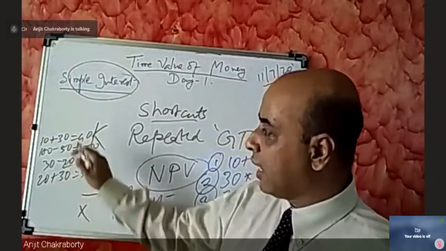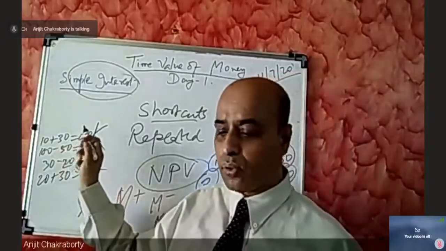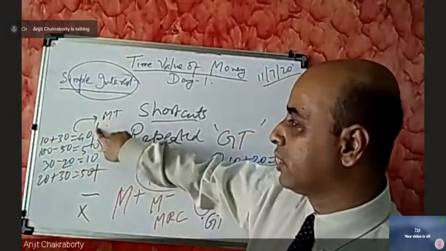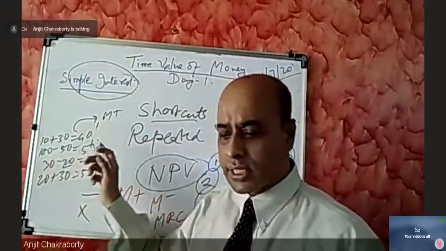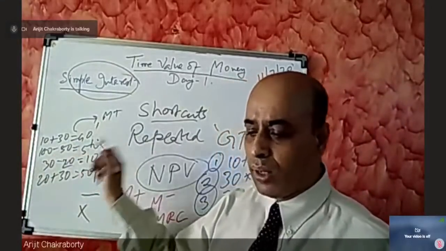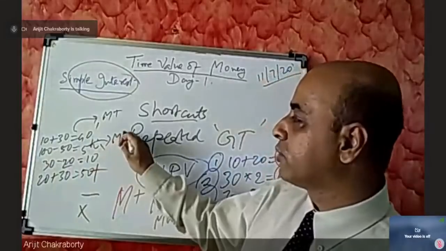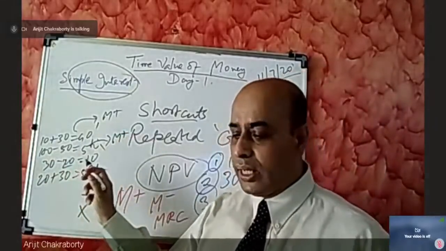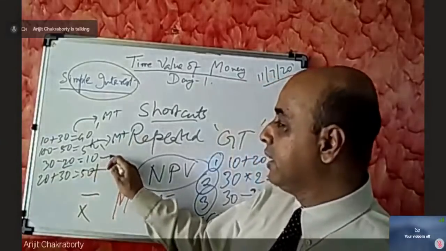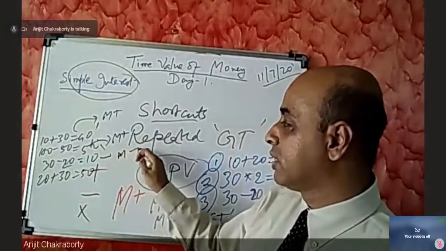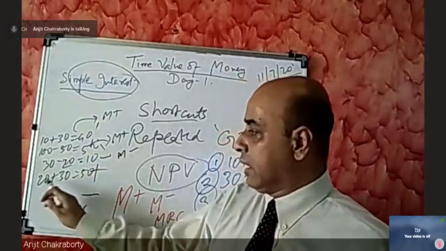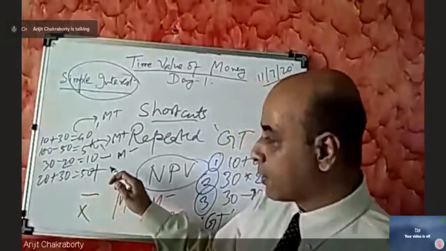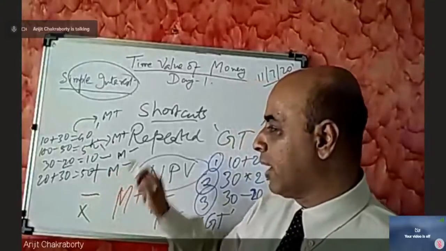Say this 10 plus 30 equal to 40 is going to M plus. 100 minus 50 equal to 50 is also going into M plus, because you want to add them later on. 30 minus 20 is 10; say you want to subtract it, so it goes into M minus. 20 plus 30 equal to 50; say you want to subtract it again, so it goes into M minus.